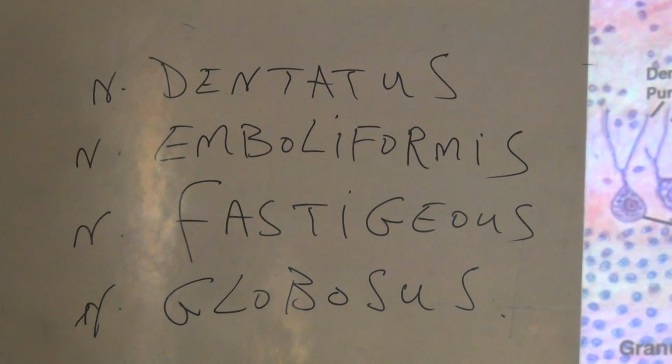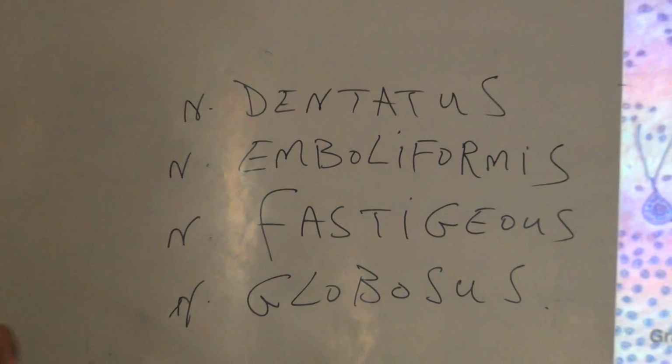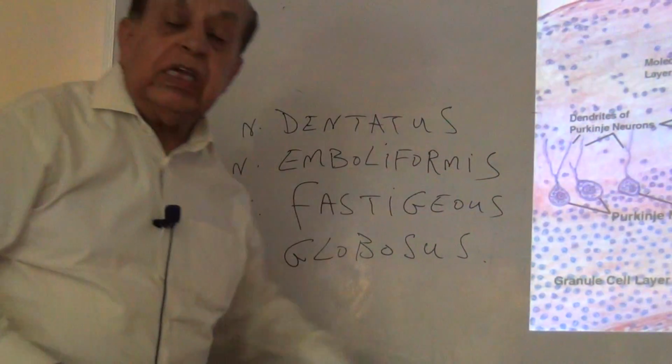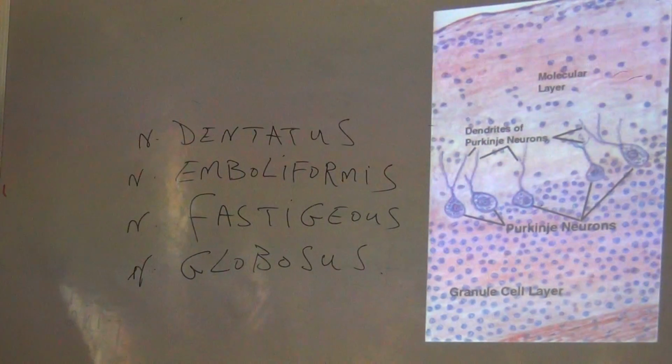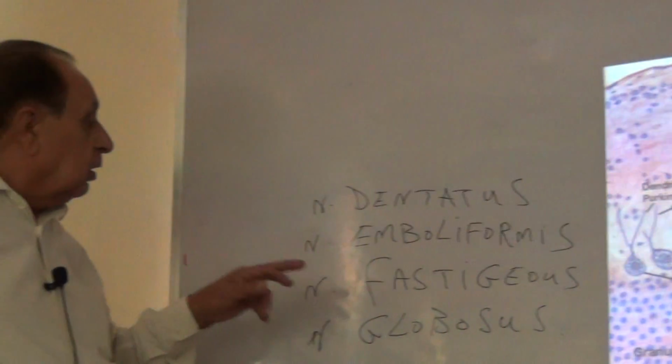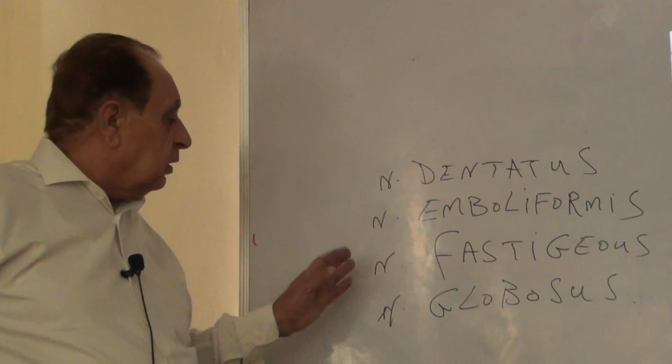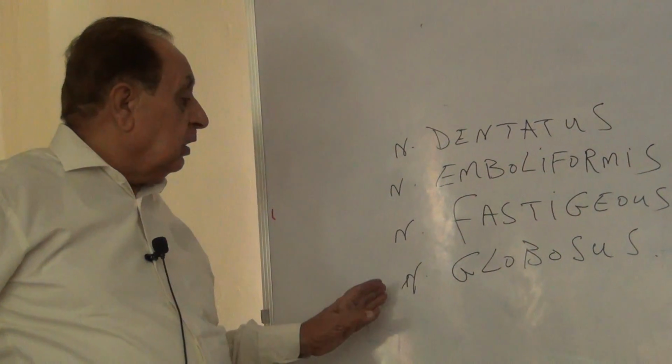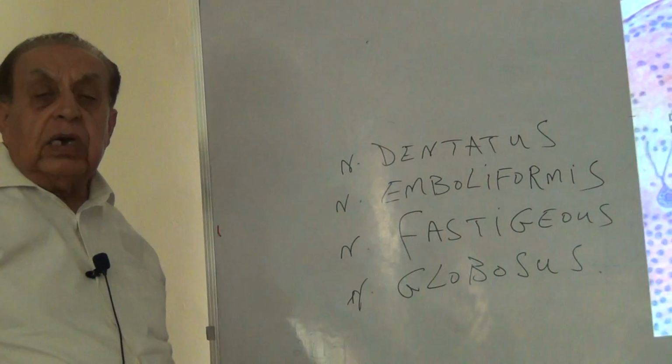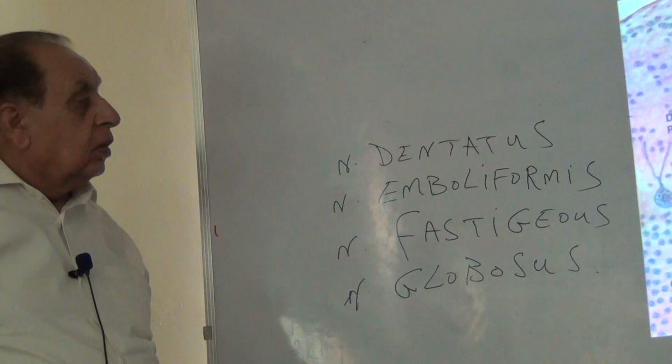So these are the nuclei present in the white matter of the cerebellum: the nucleus dentatus, nucleus emboliformis, nucleus fastigius, and nucleus globosus. That's all.